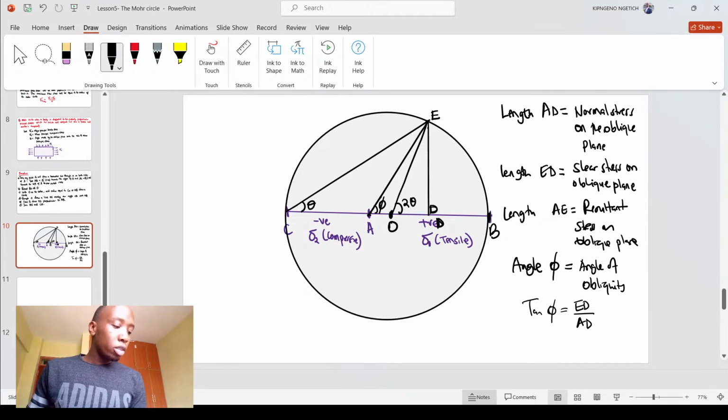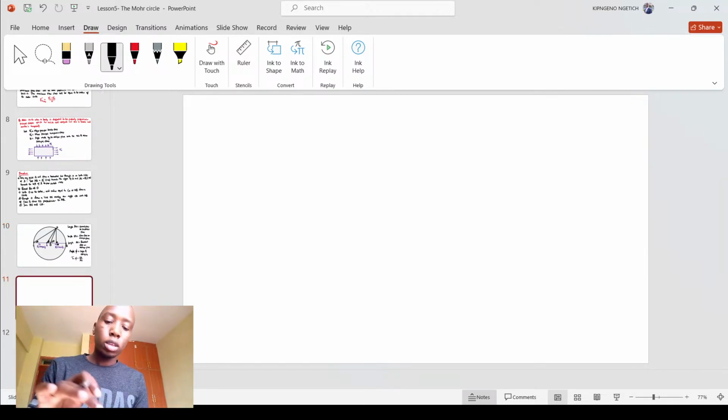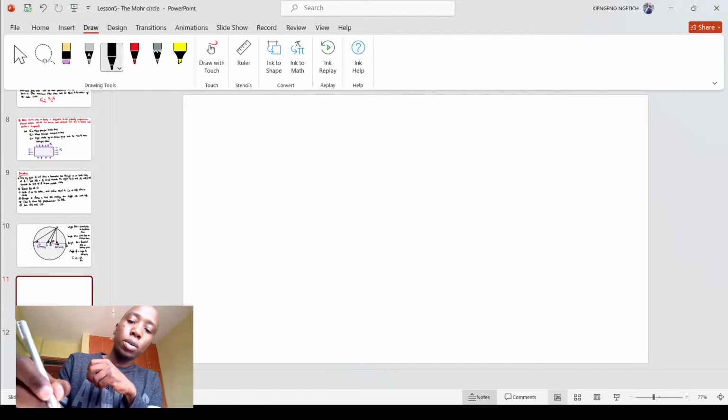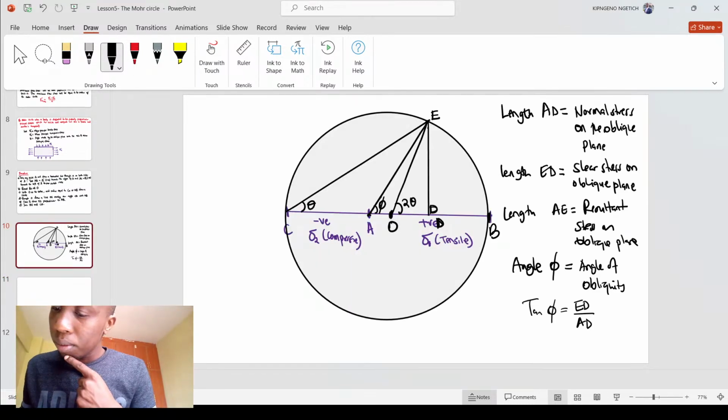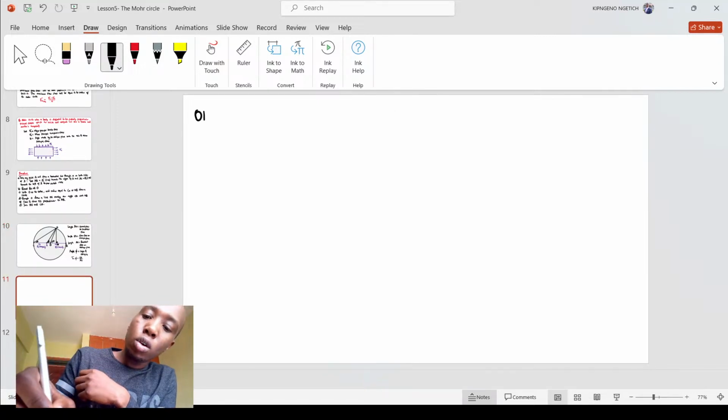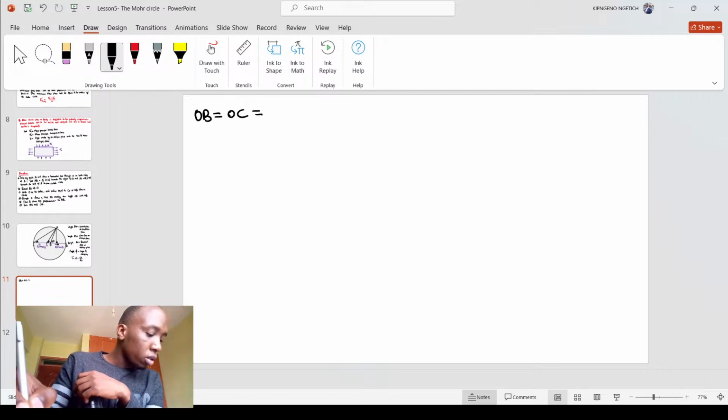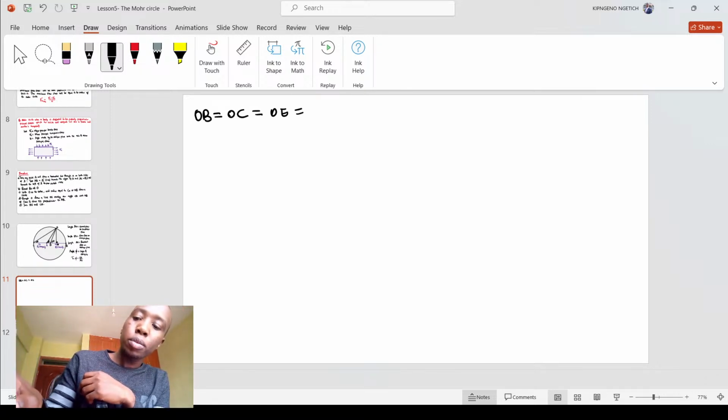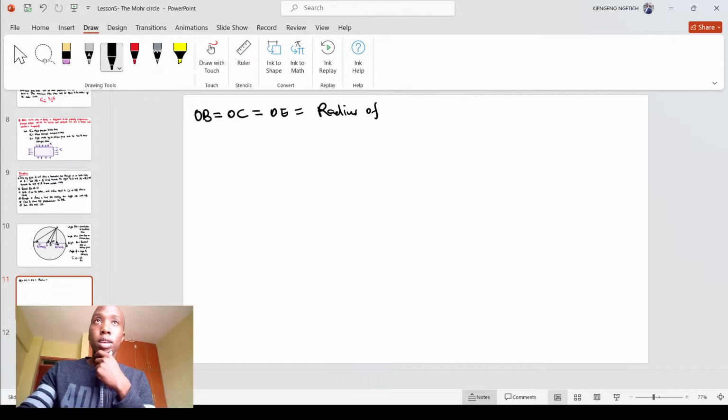Very good. Let's obtain some equations. Starting with the radius. What's the radius of the Mohr circle? The radius is OB or OC or OE. Radius OB equals OC equals OE, which equals the radius of the Mohr circle.